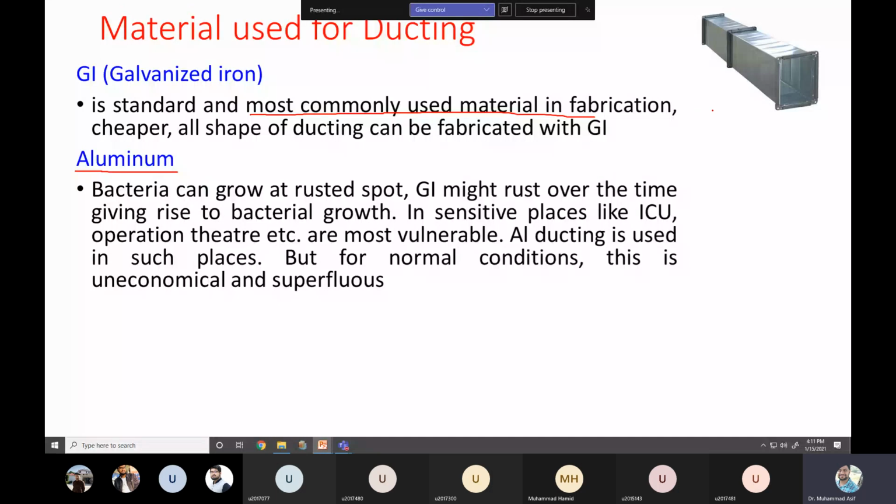Normally, in case of the galvanized iron, with the passage of time, some part of the galvanized iron may rust. So because of the rusting, bacteria may grow inside that ducting, right?